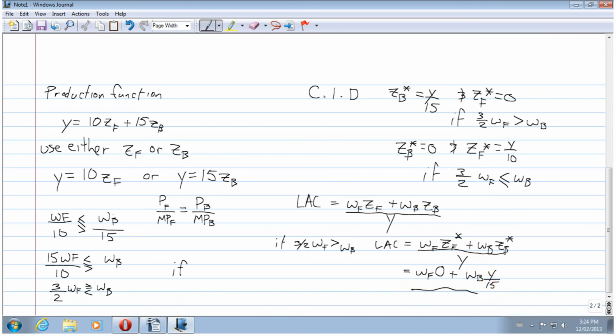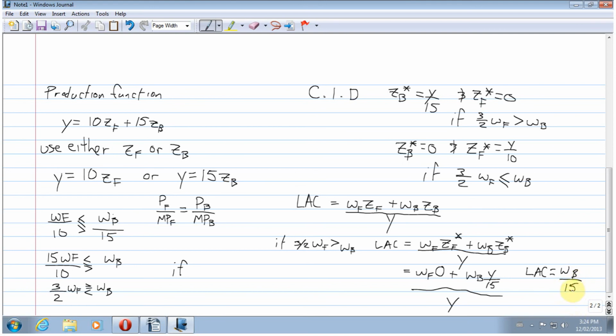And we're dividing that whole thing by Y. Anything times 0 is 0. So 0 over Y plus, and these Y's are going to cancel out, WB over 15. So we'll get that LAC equals WB over 15.